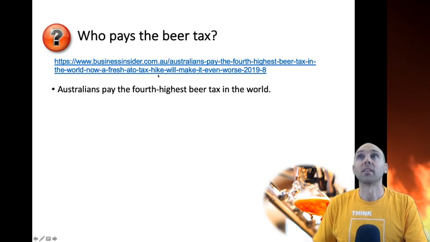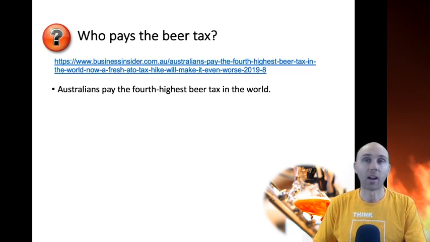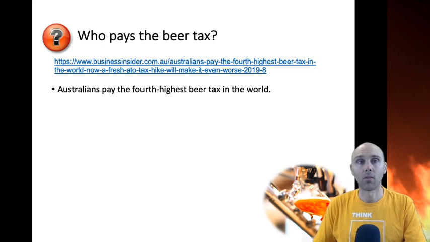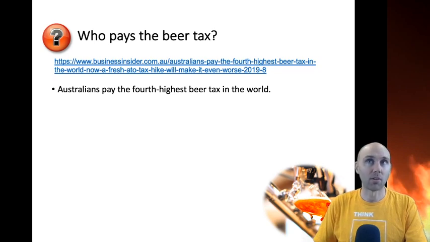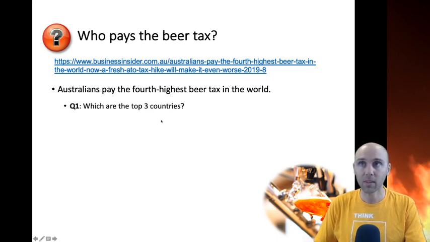Now, Australia recently hiked the tax rate on beer, such that if you buy a carton, or a slab, as they call it, of beer, almost $20 of that is now going towards tax, sort of an outrageous amount. Australians pay the 4th highest beer tax in the world. Interesting question. What do you think the other 3 are? Well, they are also countries with extremely high demand for beer, in a sense, and you may well know, if you're from Scandinavia, that beer prices are quite excessive there.